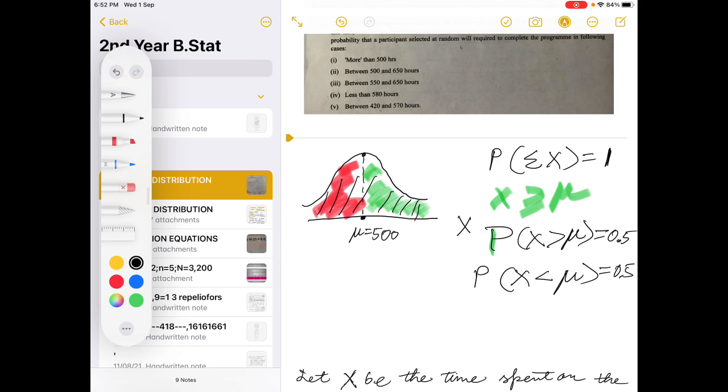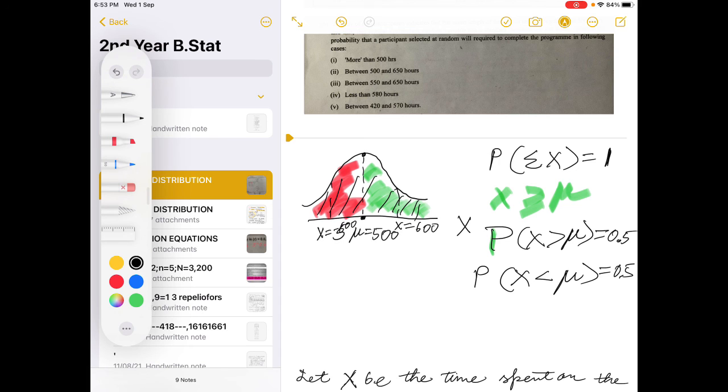Now here, if I take a particular value of x, let's say x is equal to 600, on the right side, then on the left side it should be 500 minus 100, which is 400. As you can see, both are mirror images of each other.